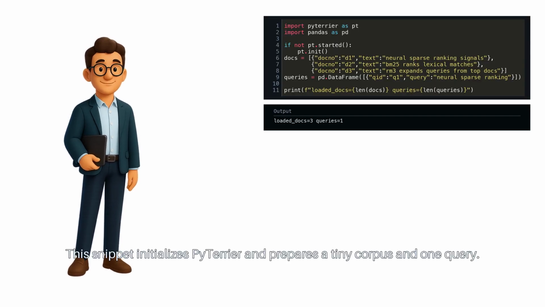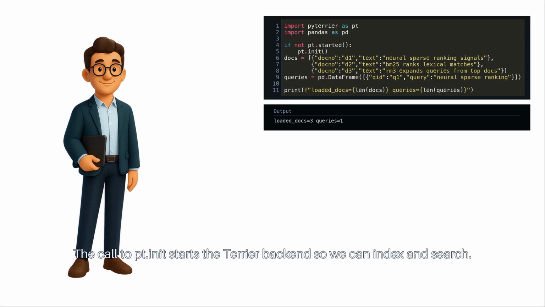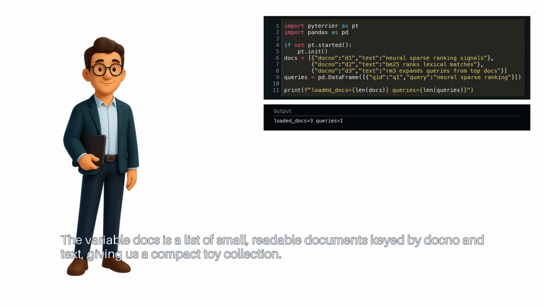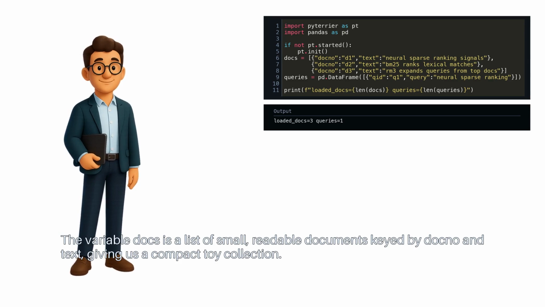This snippet initializes PyTerrier and prepares a tiny corpus and one query. The call to PT_init starts the Terrier backend so we can index and search. The variable docs is a list of small, readable documents keyed by docno and text, giving us a compact toy collection.